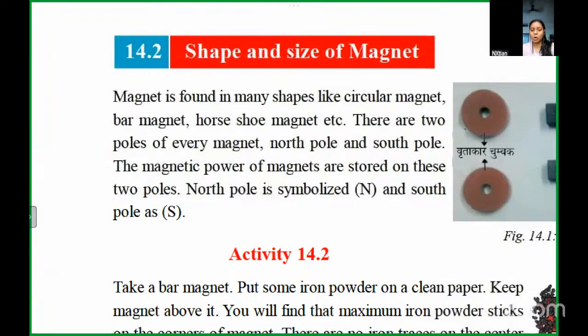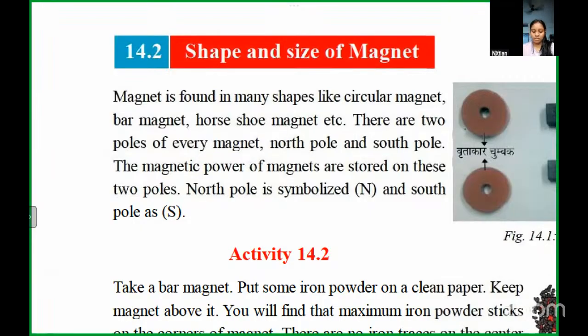One side is called the South Pole, one side is called the North Pole. Now why are the South Pole and North Pole important? They cause attraction or repelling.